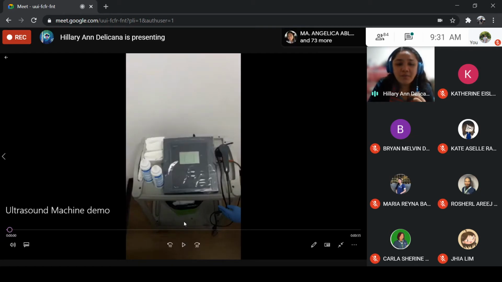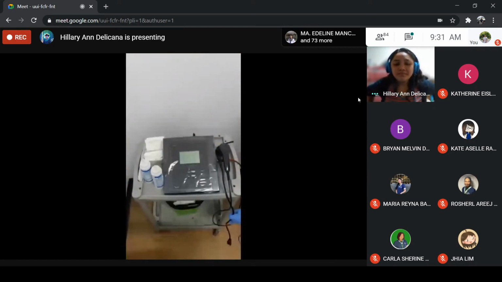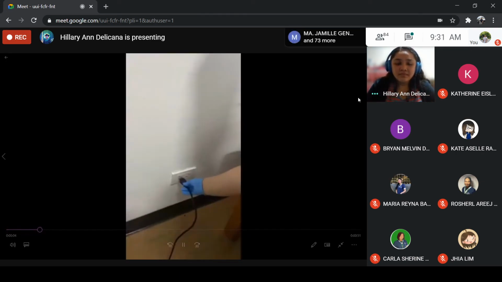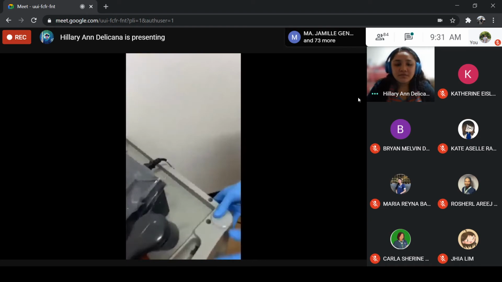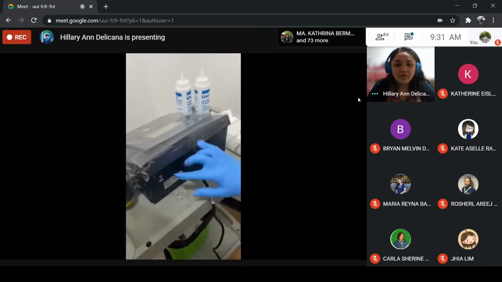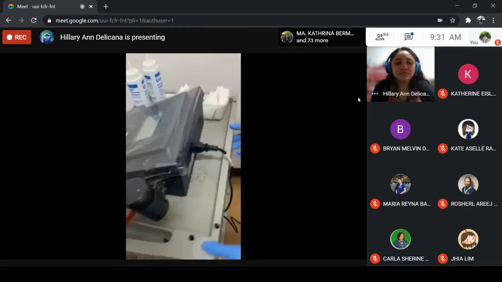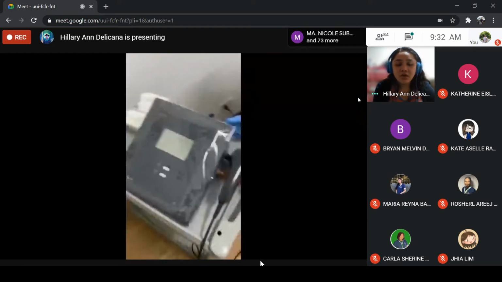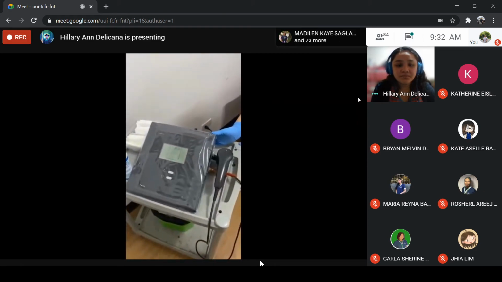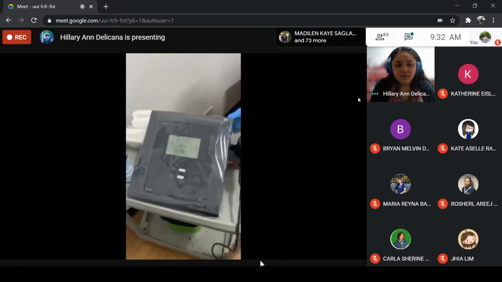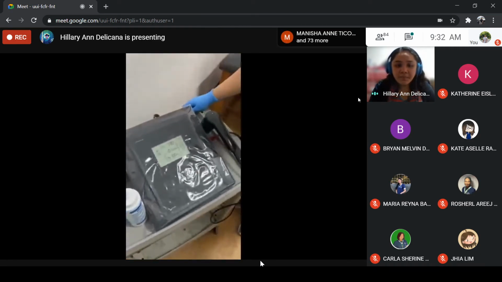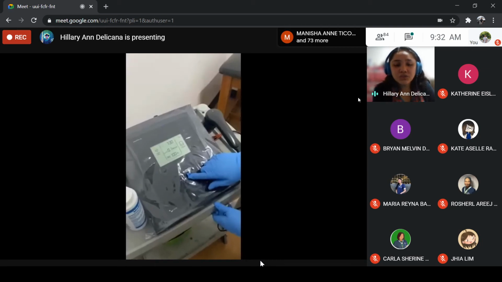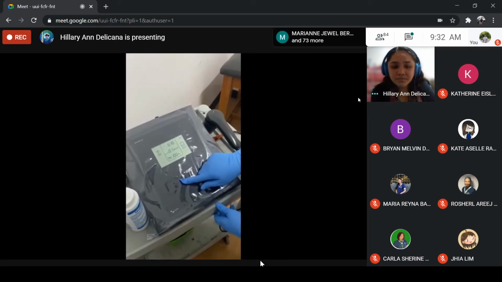So this is your ultrasound machine from Qualimed. Miss Pao was very generous in doing this demo, okay? So you plug it in first, and then the switch at the back, and then it turns on. Here are your adjustables.